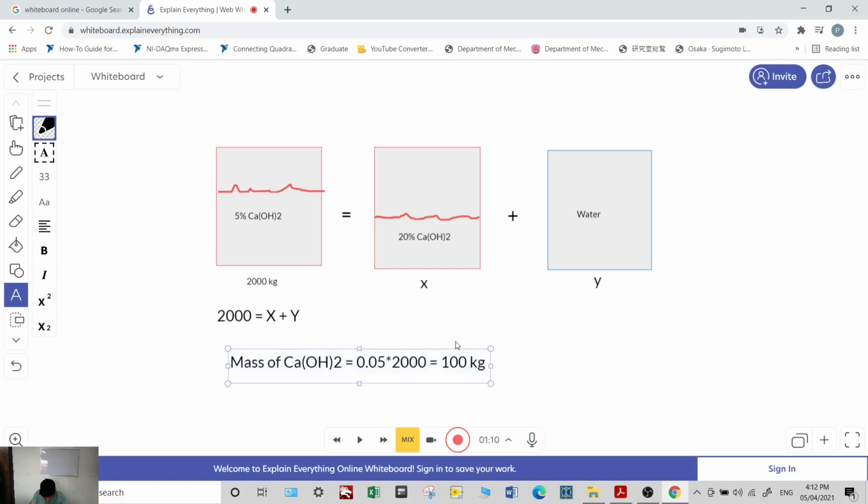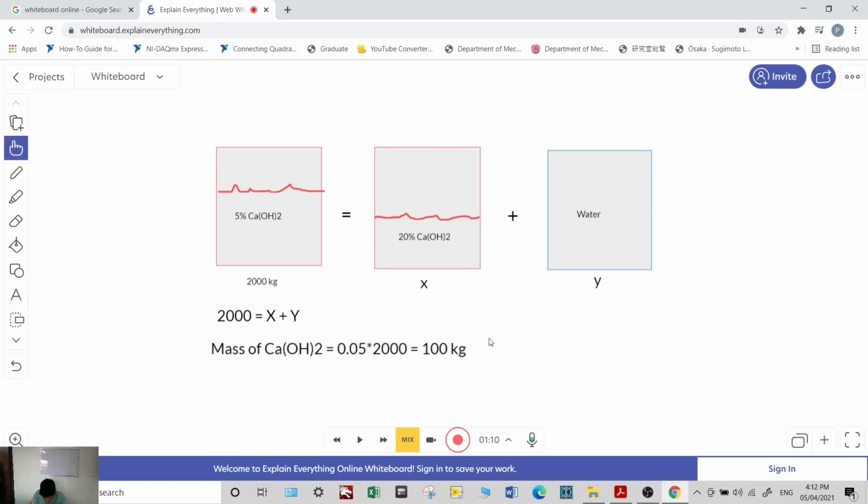Therefore 100 kilograms is the amount of calcium hydroxide. But since what we are looking for are x and y, what are their values? We will use it. Okay, there is the 20% amount. So by virtue of conservation of mass, this 100 kilograms is just equal to 0.2 times x.